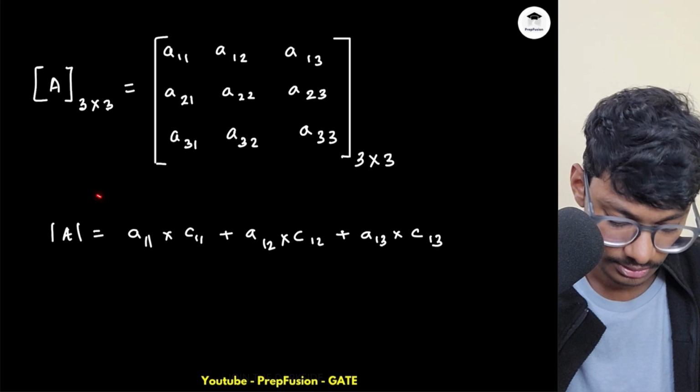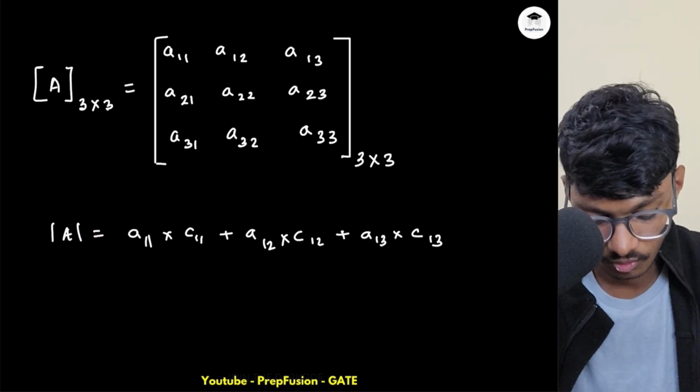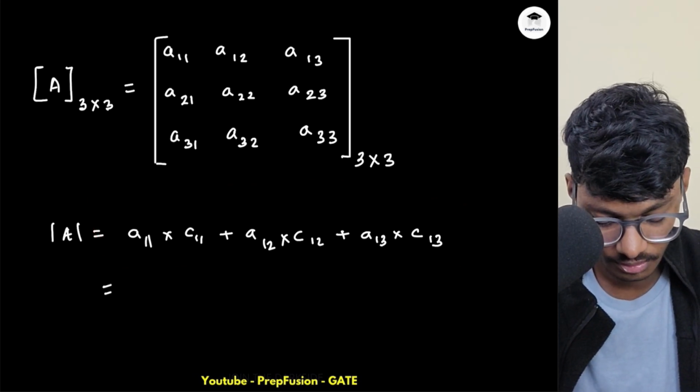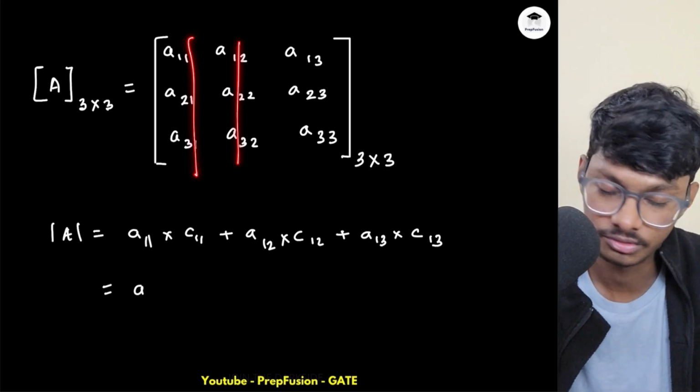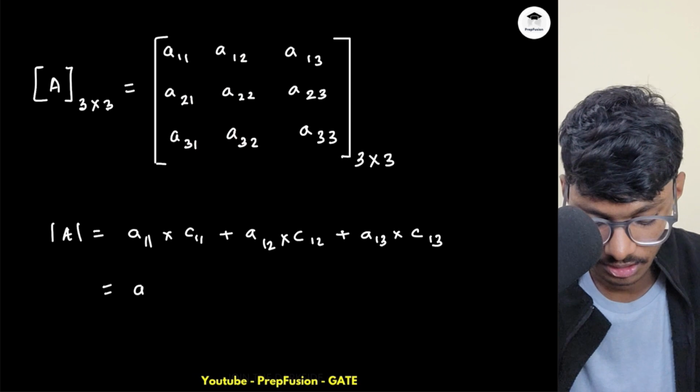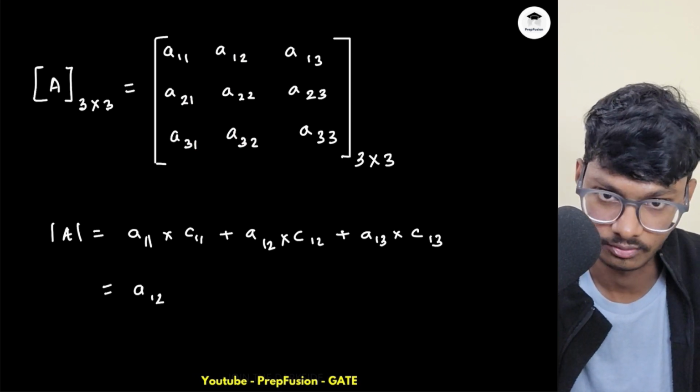So this is how you can compute the determinant. Or you can open through a column also, it doesn't matter, but you have to write the cofactor corresponding to that only.